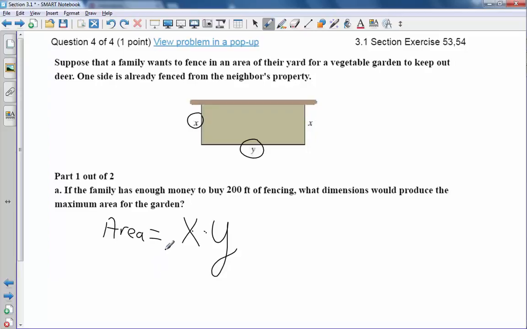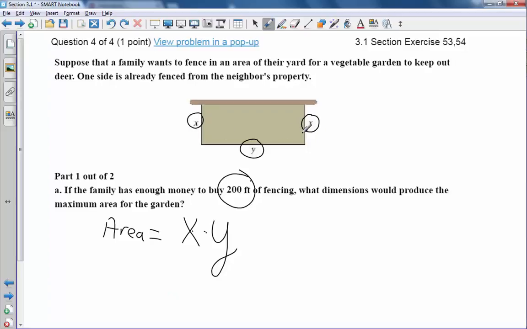What information haven't I used? All I used is my geometry knowledge. X times y is area. I haven't used this yet. What is 200? It's the total fencing. 3-side total must make 200. Can you build an equation out of it? Can you? Y plus 2x equals 200. Right.